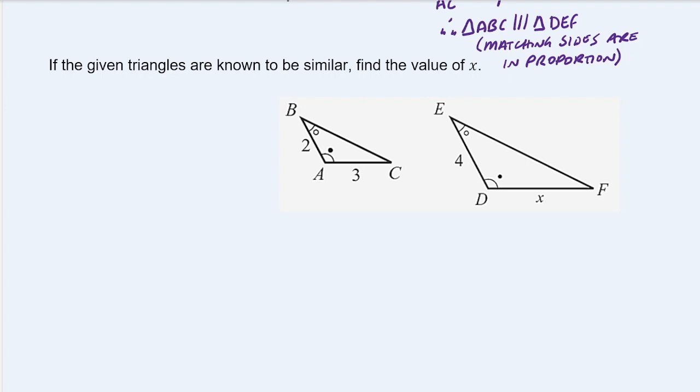So if we look at line DE, and it matches up with the line AB, so that equals 4/2, which equals 2. That's our scale factor. Okay, so if our scale factor is 2, we want to multiply 3 by 2 to get x.